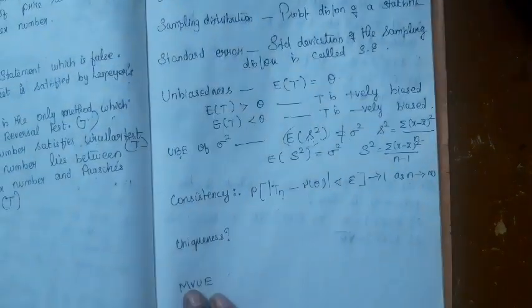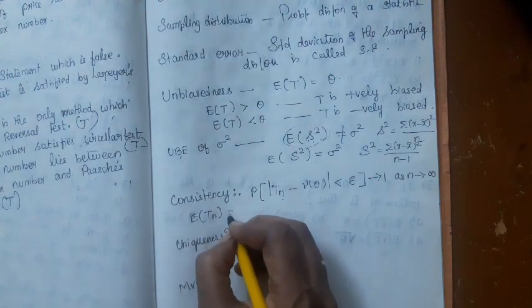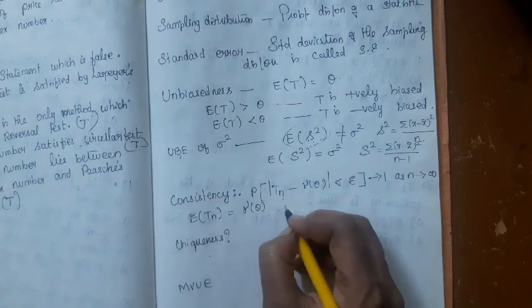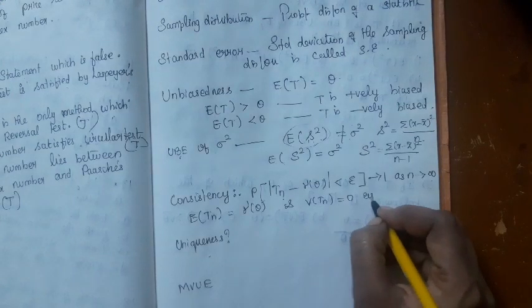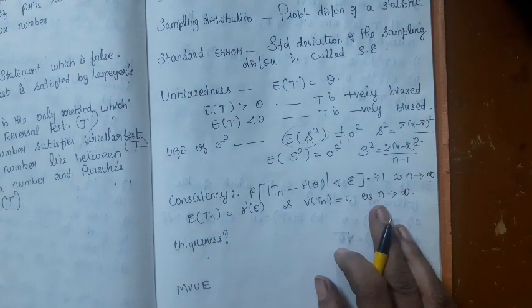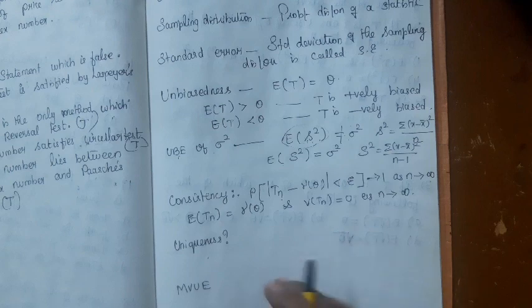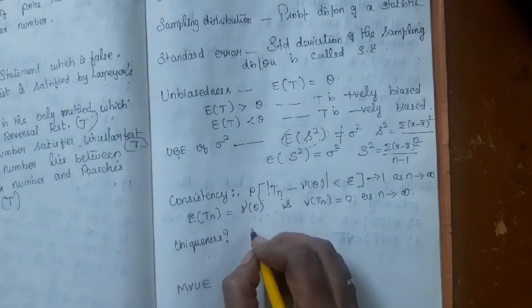And consistency can be verified using these two conditions: expectation of Tn is equal to gamma theta and variance of Tn goes to 0 as n tends to infinity. If these two conditions are satisfied as n tends to infinity, you can say Tn is a consistent estimator of the parametric function gamma theta.